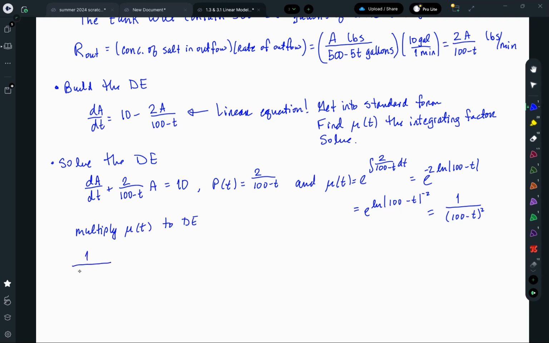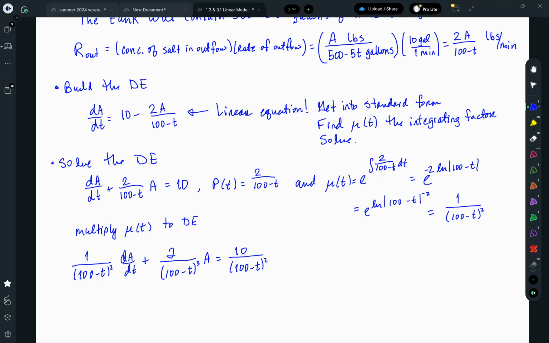We get 1 over 100 minus t all squared dA/dt plus, now this is weird, when I multiply it by the next term, I end up with 2 over 100 minus t all cubed times a equals 10 over 100 minus t all squared.